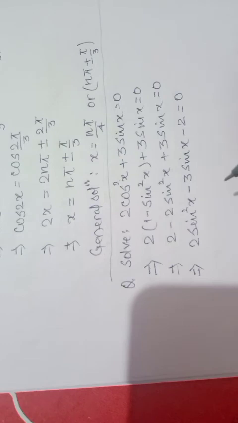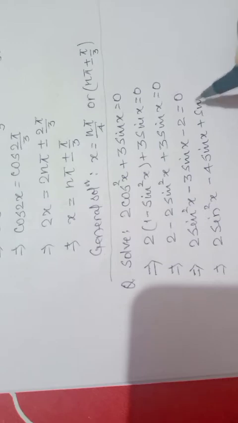Now split the middle term. It should be written as 2 sin square x minus 4 sin x plus sin x minus 2 equal to 0.